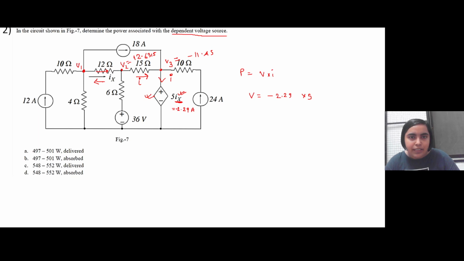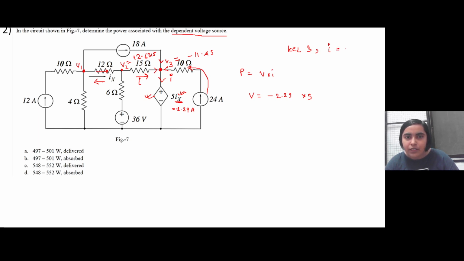Then you can apply KCL at node 3 in order to compute what is I. All the current, the 18 ampere current, the 24 ampere current, flows through this branch, right? All these are coming into the branch, only I is coming out.